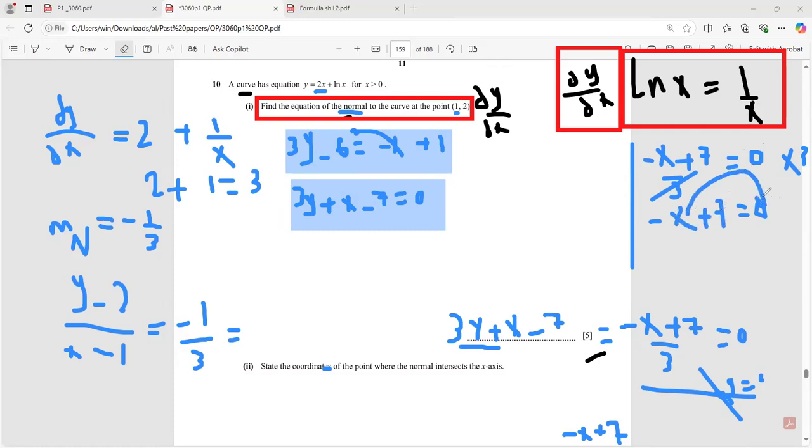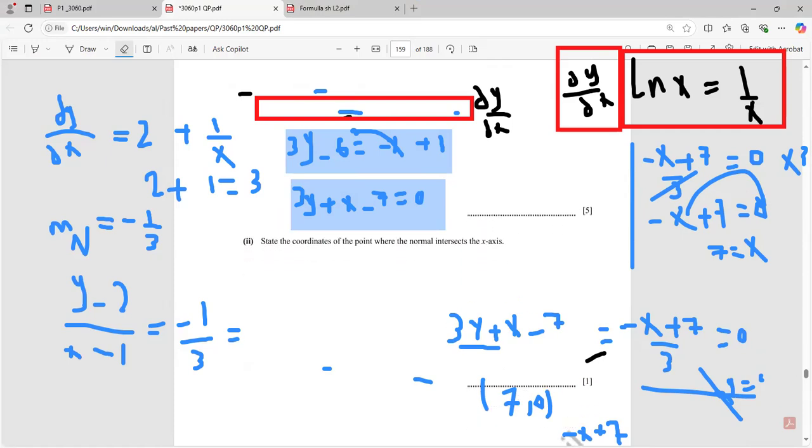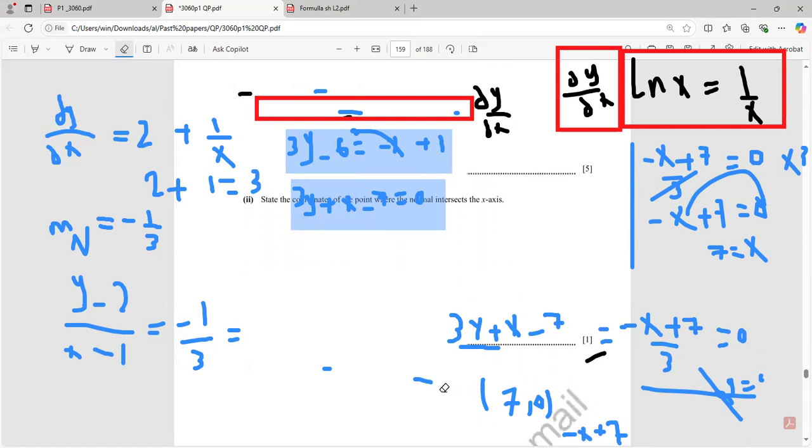We can move the x here, so the positive x equals 7. So the coordinate of the intersection of the normal will be 7, 0. We did it. Let's see the next.